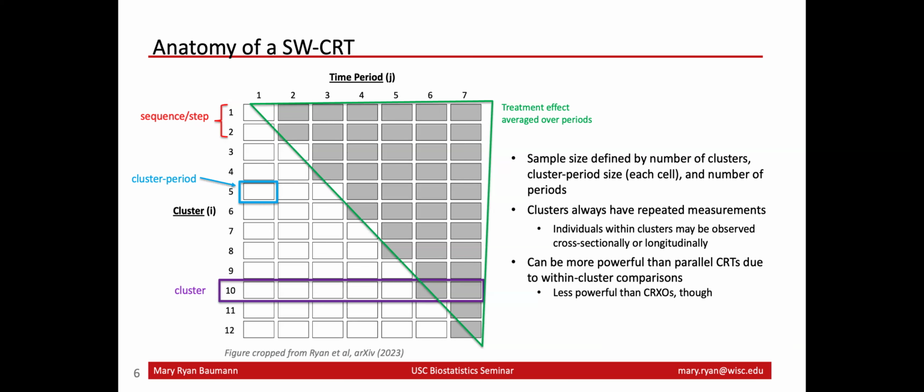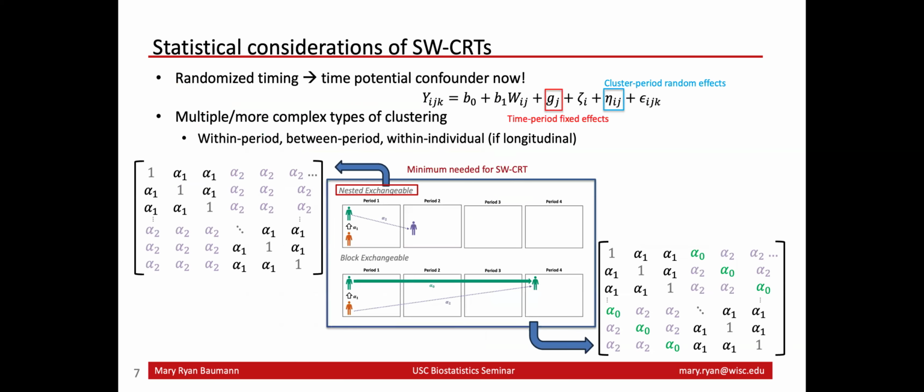However, a lot of statistical considerations need to go into stepped-wedge trials beyond your typical parallel CRT. One is that because we are randomizing the timing of treatment receipt now instead of what you are receiving, time is now going to be a potential confounder that needs to be accounted for, which should be fairly obvious.